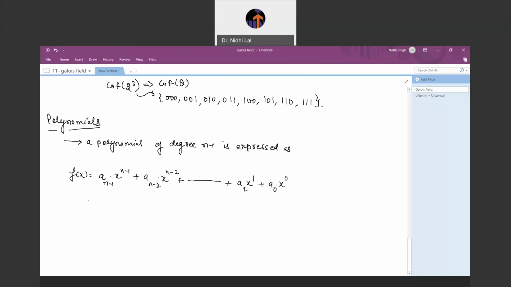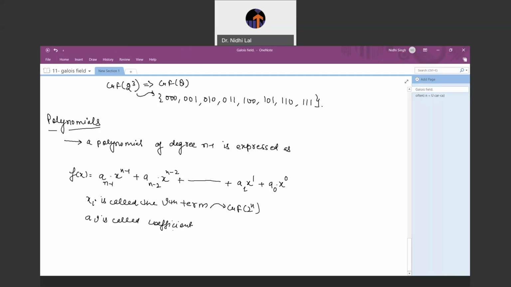Here x^i is called the ith term and a_i is called the coefficient. So x^i is the ith term and it belongs to Galois field 2 to the power n.